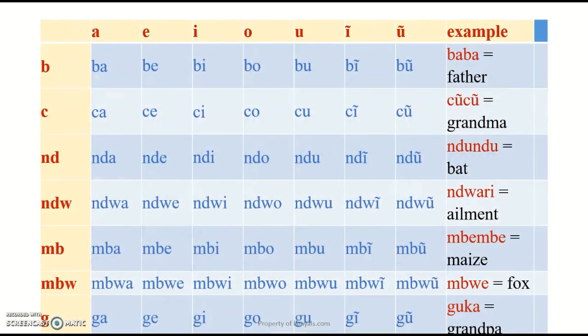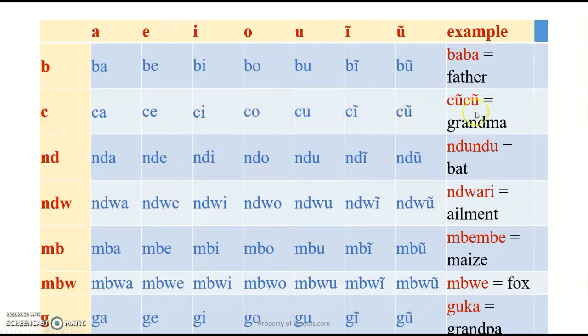We also looked at this table. We looked at the vowels combined with various letters or combinations of letters in the alphabet. We started with Fa, Fe, Fi, Fo, Fu, and we said the S is Sa, Se, Si, So, Su, or Sha, She, Shi, Sho, Shu.